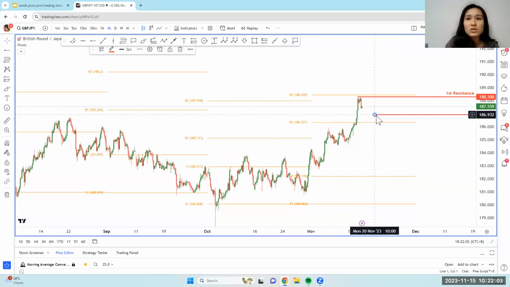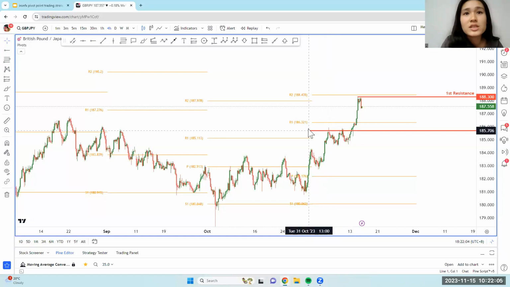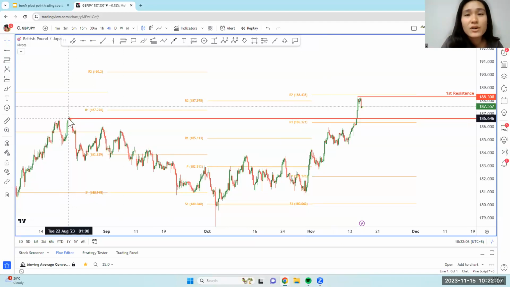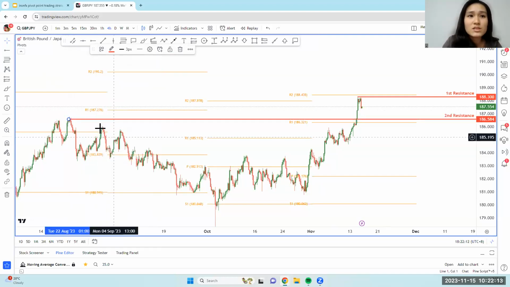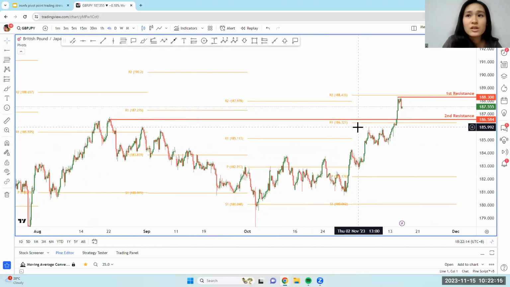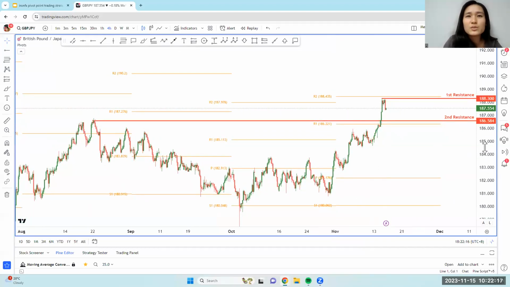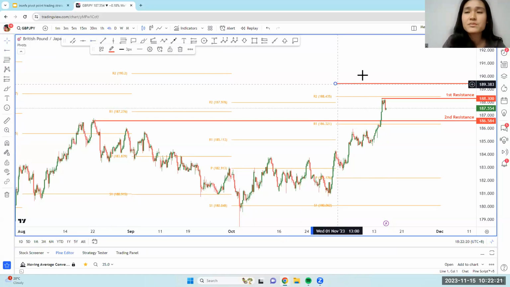Okay, and then followed by, you see this R1 here. If I follow that, I'm at this next swing high, which I would have placed here anyway. So it basically helps you to support your support and resistance levels. Oops, no, this is my first support.